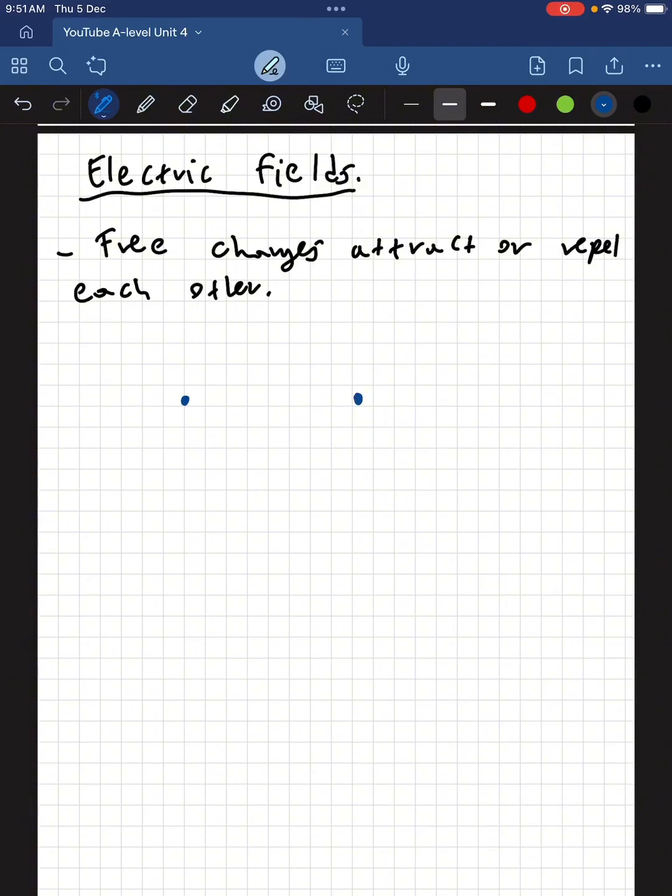So let's say we have a positive charge Q1 and a positive charge Q2 separated by some distance r. Then Q1 is going to exert a force F to the right because they repel, and Q2 is going to exert the same exact force but to the left on charge Q1 because they repel.